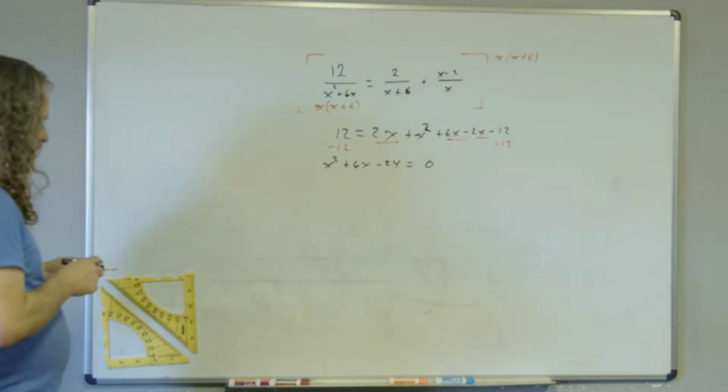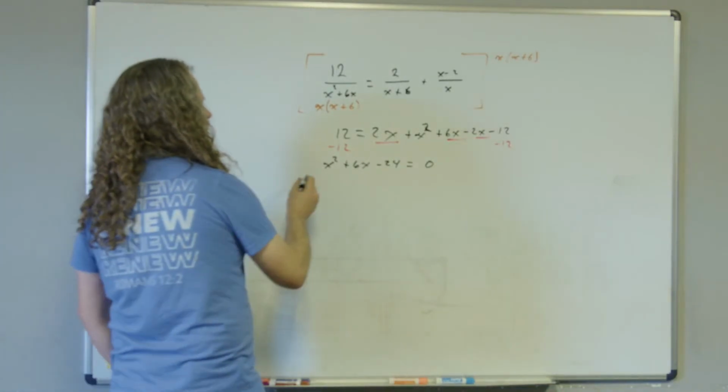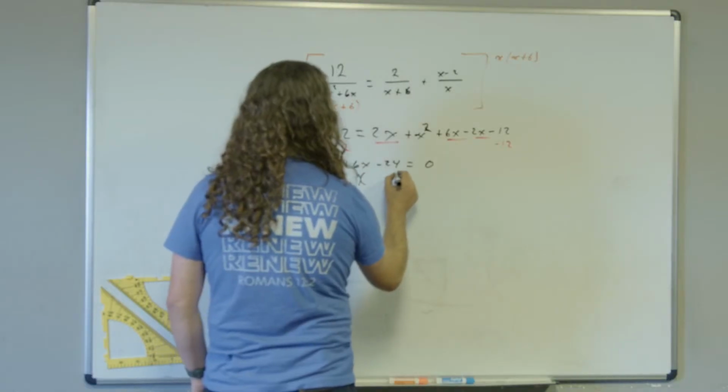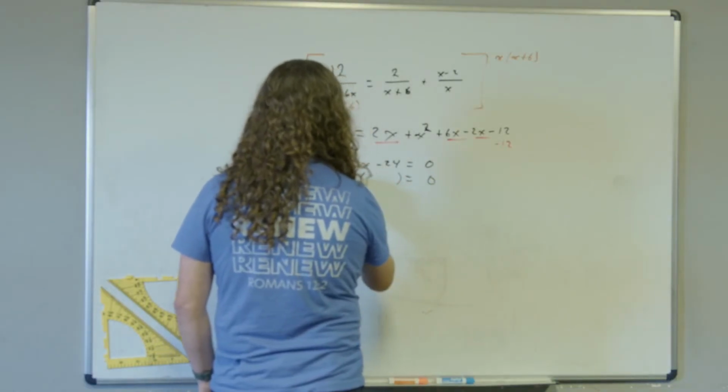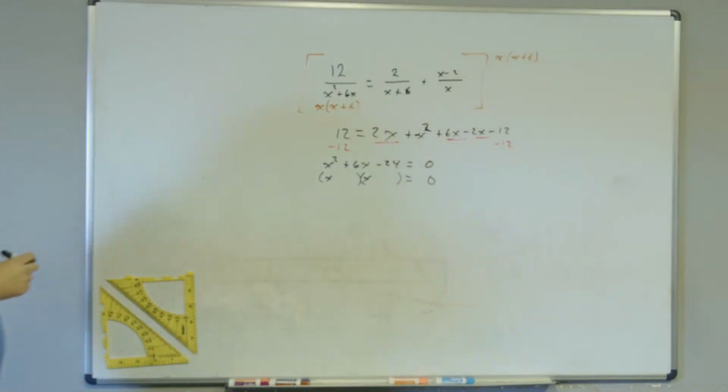Okay? Then we hope to factor it. X and X. 12 and 2, 24 and 1. 8 and 4. 6 and 2.